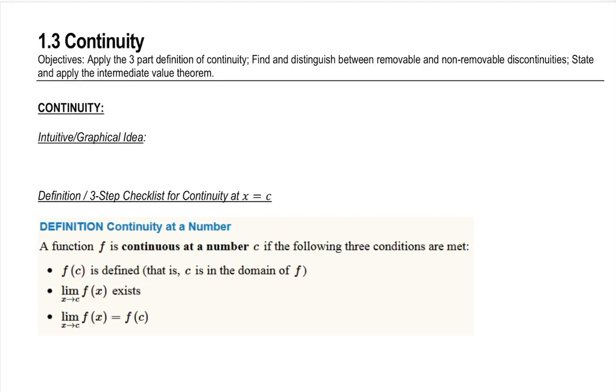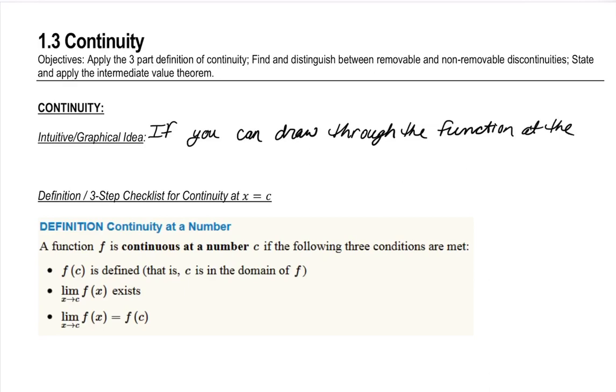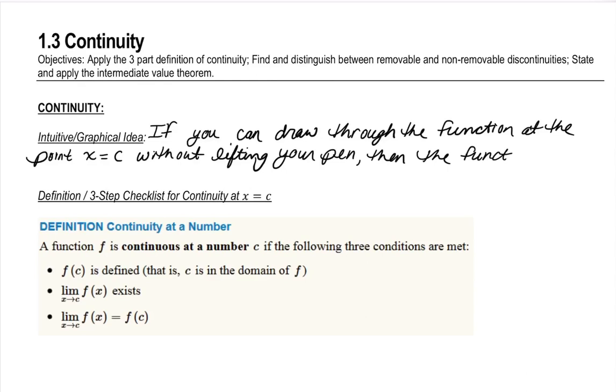The intuitive graphical idea basically says, if you can draw through the function at the point x equals c, so we're talking specifically about continuity at a specified point, if you can draw through that point without lifting your pen or pencil or whatever, then the function is continuous at x equals c.